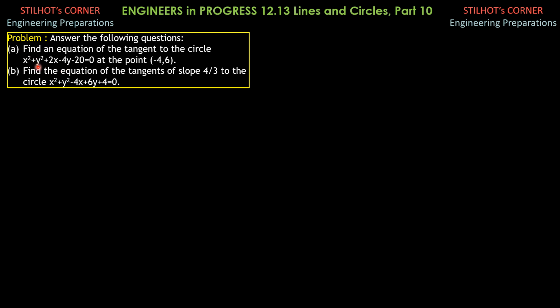For part A, let's transform this to standard form. The center is -1/2 of 2, so -1, and -1/2 of -4, 2. So (-1, 2) is the center.